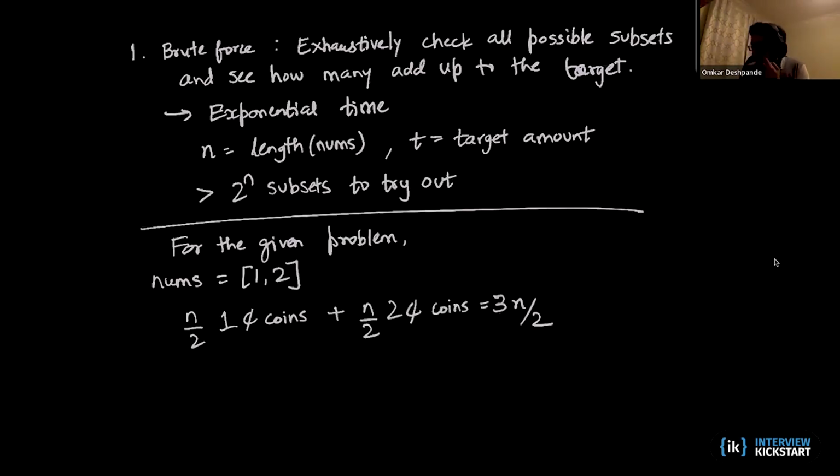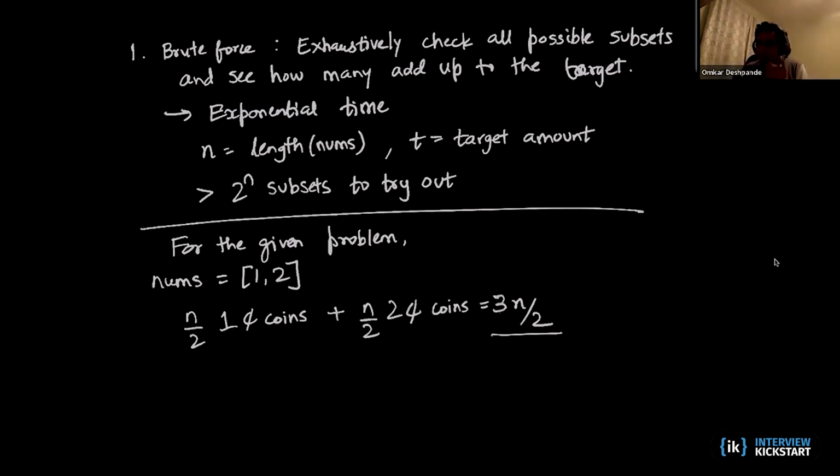So I'm basically coming up with an amount which is going to require n by 2 1 cent coins and n by 2 2 cent coins. In other words, a total of n coins, half of which are 1, half of which are 2, and they make up the target amount. I'm choosing the target amount in that way, so that my subset has n by 2 coins of one type, n by 2 coins of another type.